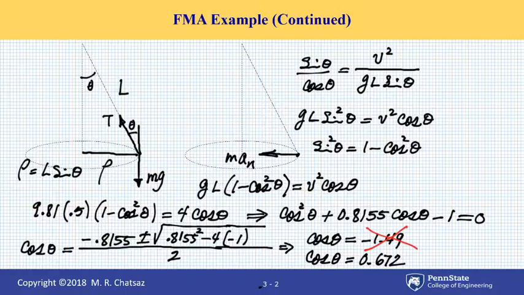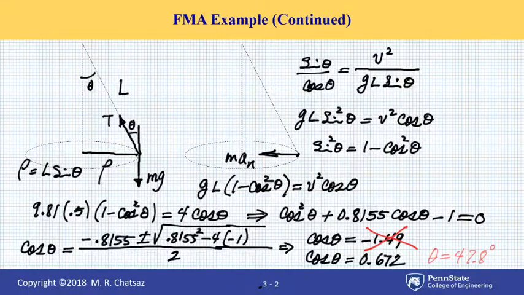Therefore, this is an extraneous solution. The only solution is cosine theta equals 0.672, which corresponds to, if you solve for the angle, an angle of 47.8 degrees.